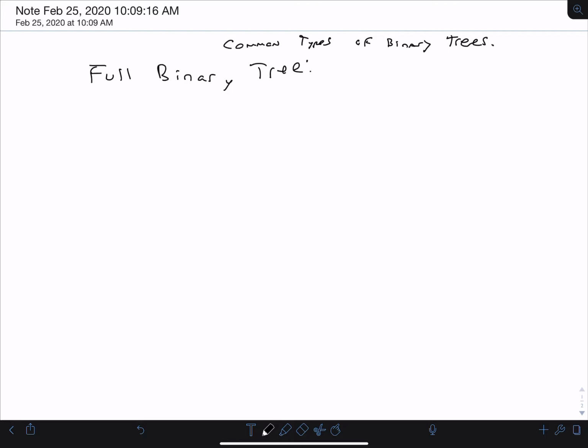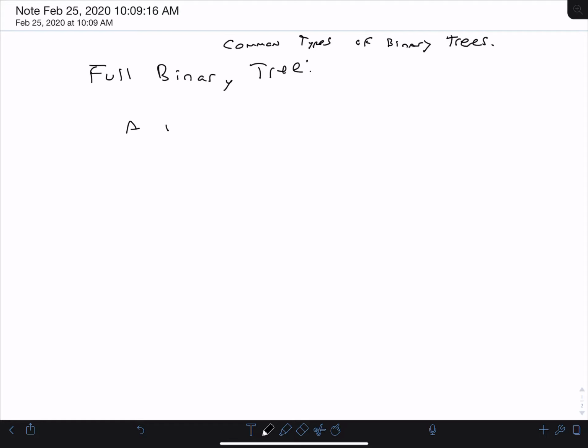Okay, so we have a full binary tree. So what's a full binary tree? Well, we consider a binary tree to be full when every node has 0 or 2 children. So there cannot be any nodes with 1 child in a full binary tree. Okay? So let's just write that here.